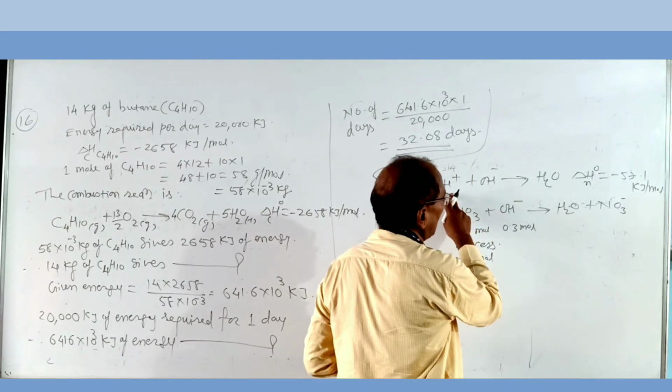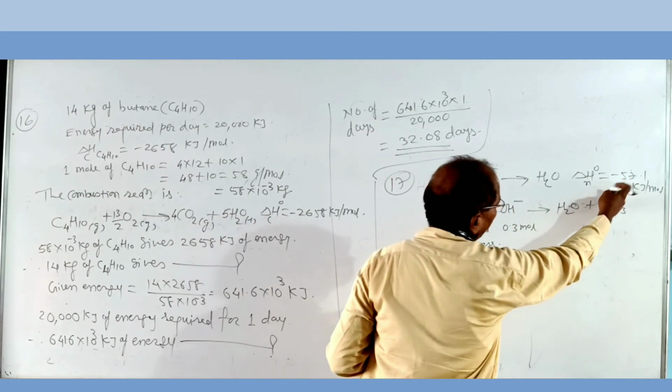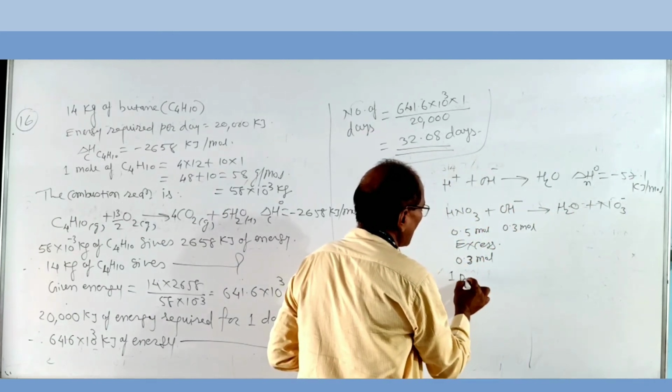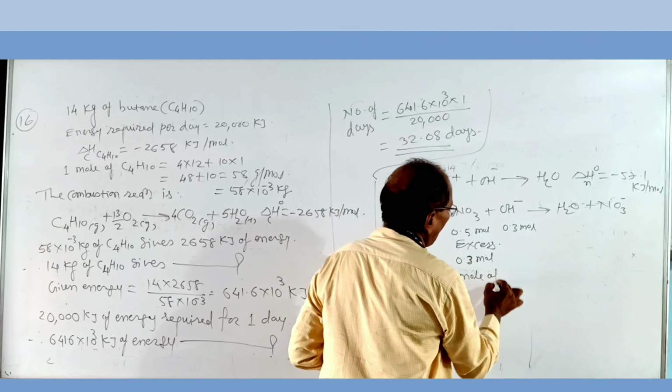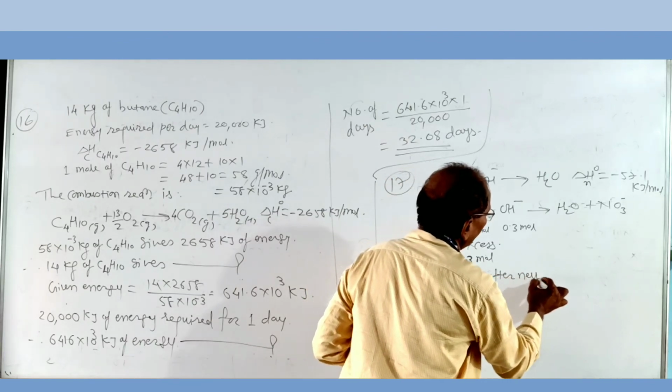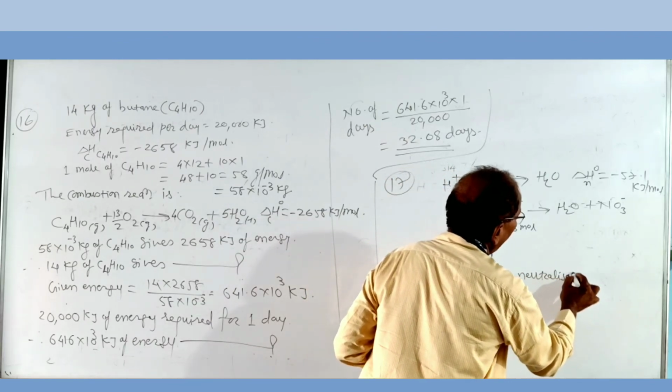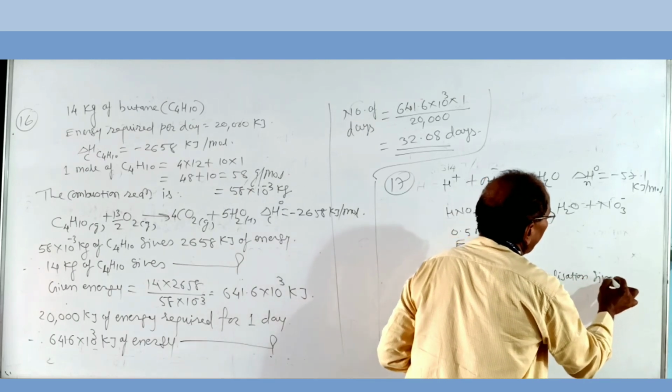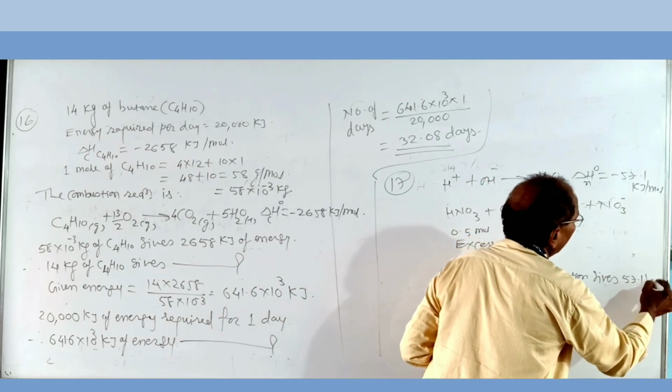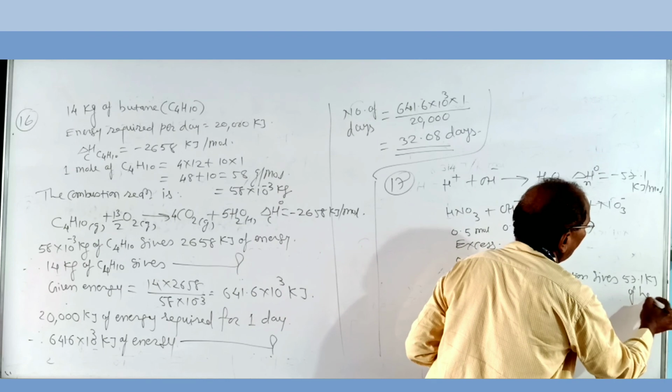But 1 mole after neutralization gives 57.1 kilojoule of heat.